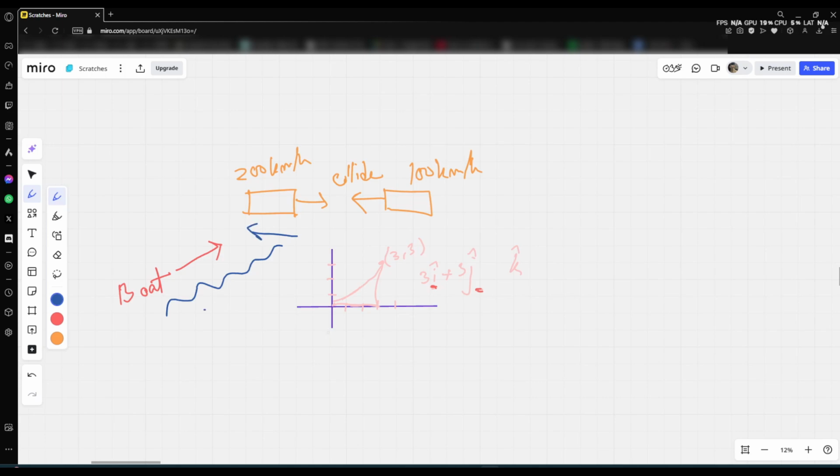So when your boat goes this way and the water goes this way, they collide, and the boat will jump higher or the boat will stay straight. All of this comes from these unit vectors. So these effects are all derived from unit vectors. These are just some examples, and I hope you understand why vectors are important.